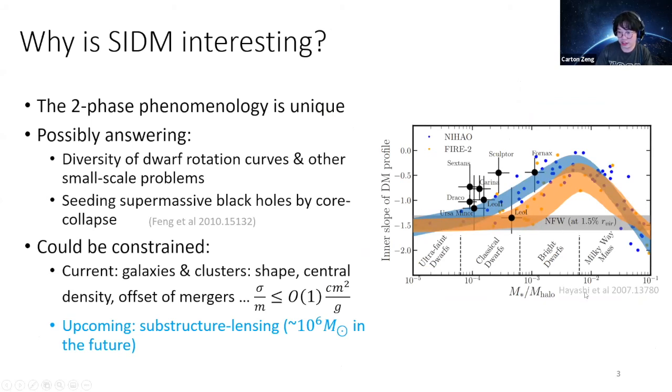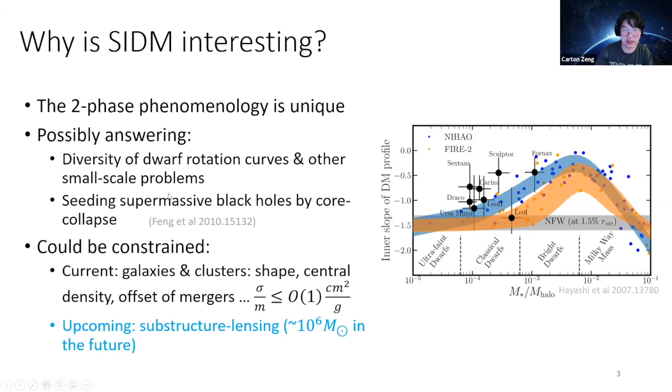From this Hayashi paper back in 2020, the two bands here are the inner slope of dark matter halos from Nihal and Ferah, which are two hydrodynamical simulations, while the dots here are from actually observed Milky Way dwarf satellites. As you can see, even by including baryons in hydrodynamical simulations, they cannot completely answer the diversity of these observed Milky Way dwarf satellites.